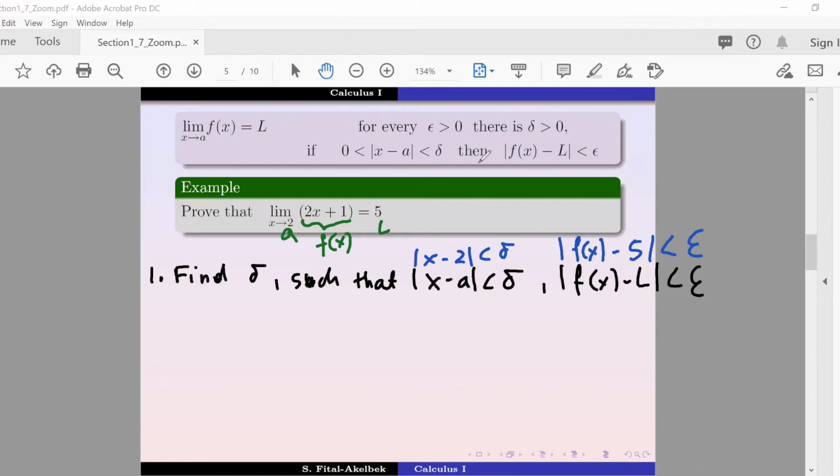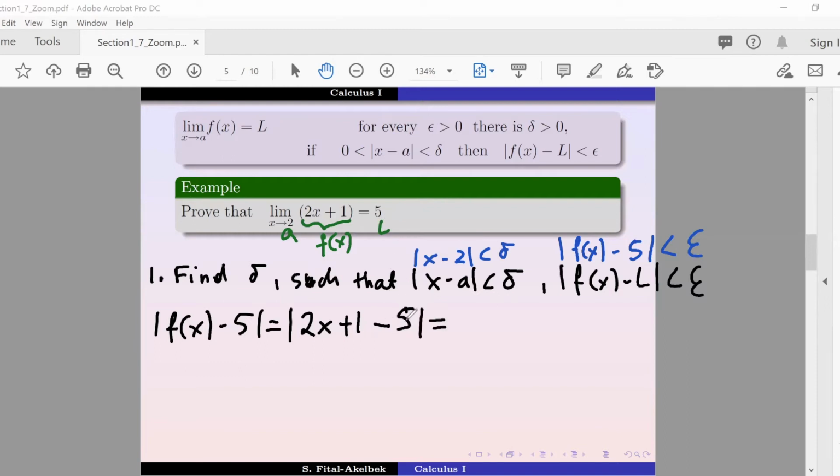So we start looking for this by manipulating this expression until we get to what we are given. If I start with f of x minus 5, I substitute my f of x. So we have 2x plus 1, this is my f of x, minus 5.